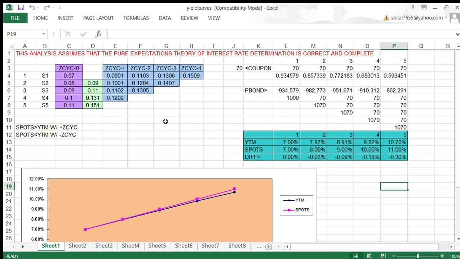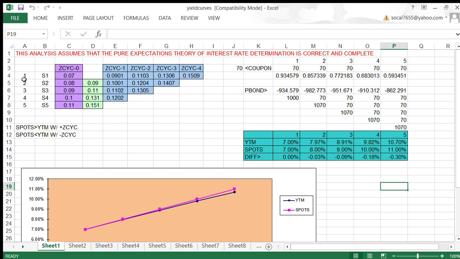In other words, forward rates reflect the desire of investors to have liquidity and to avoid illiquidity. But more on that in a few moments.